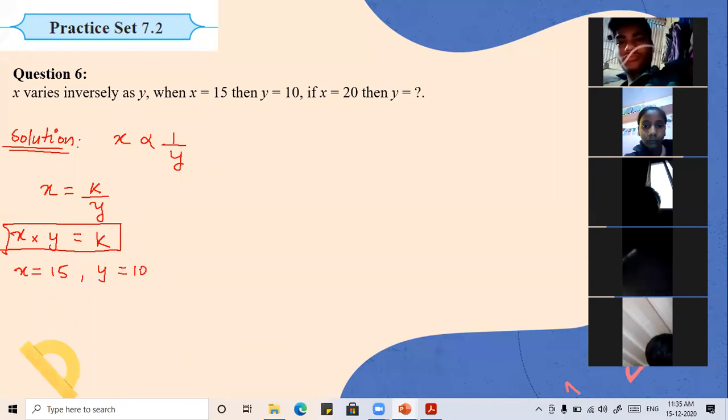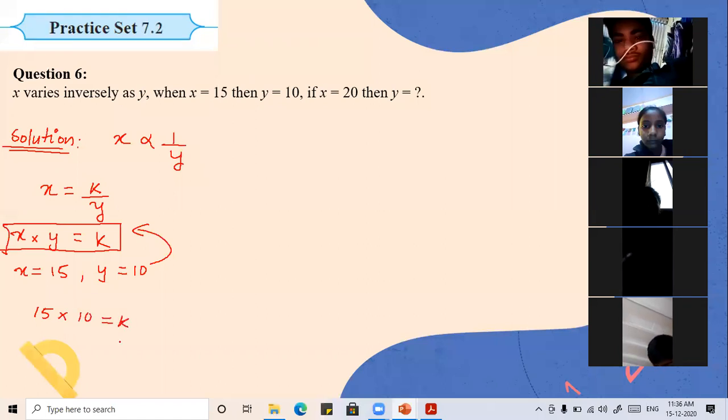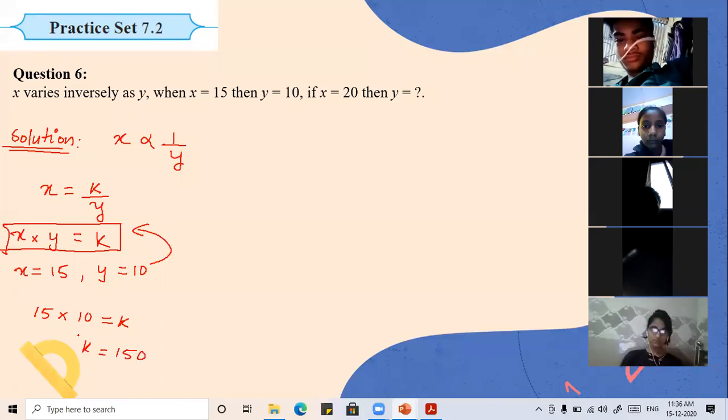Substitute these values in the equation and find out the value of k. So 15 multiplied by 10 equal to k. 15 multiplied by 10 is 150. Now we know the value of k.